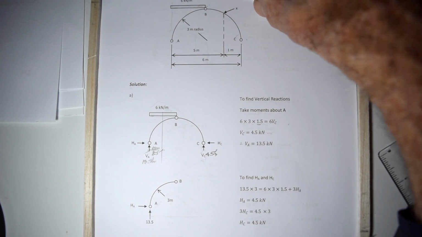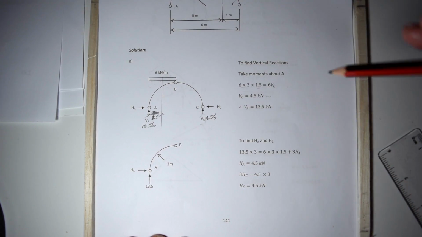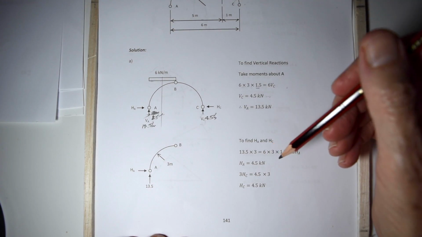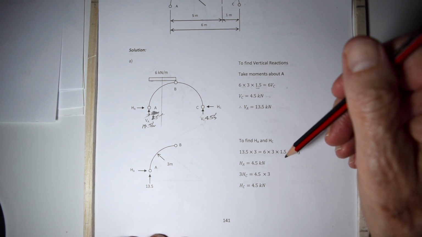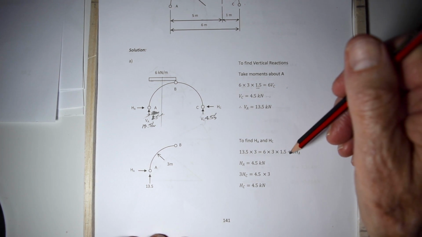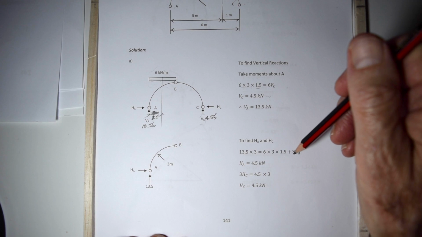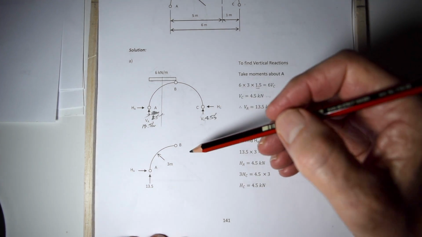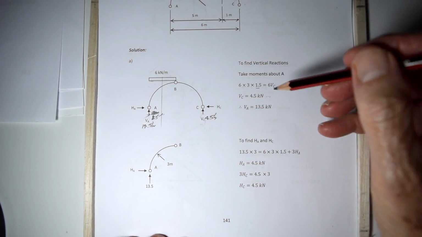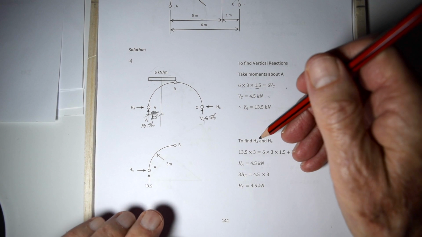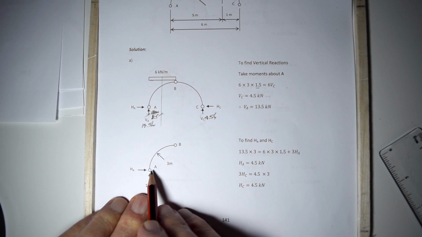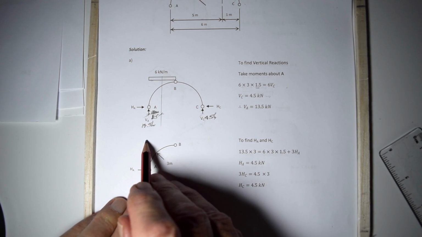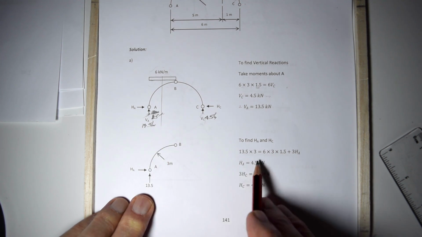Now we're going to find HA and HC. We're going to take moments around B to find that. So we've got 13.5 times 3 going clockwise around B, positive.